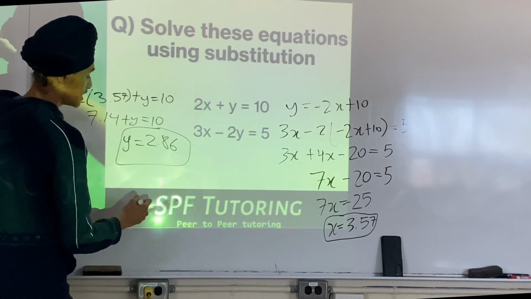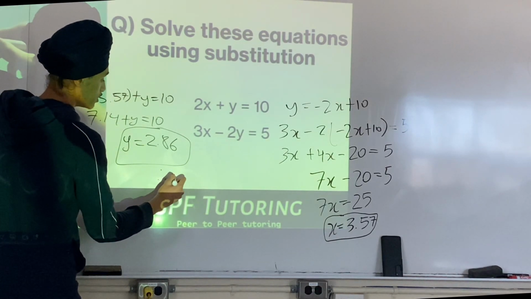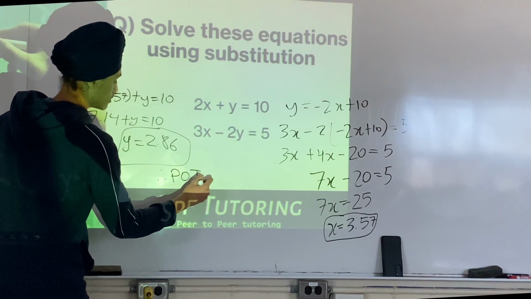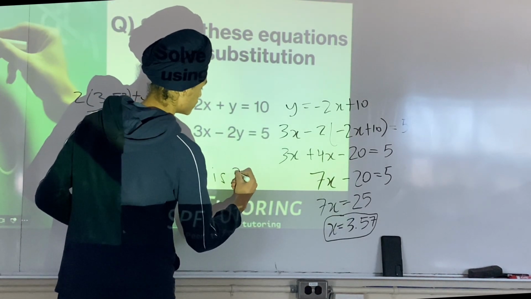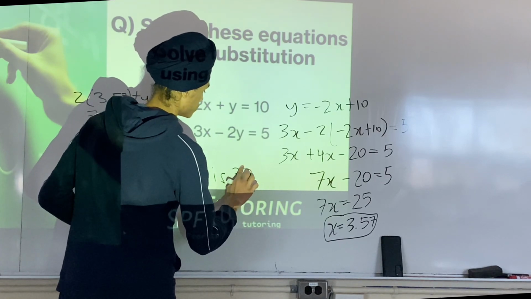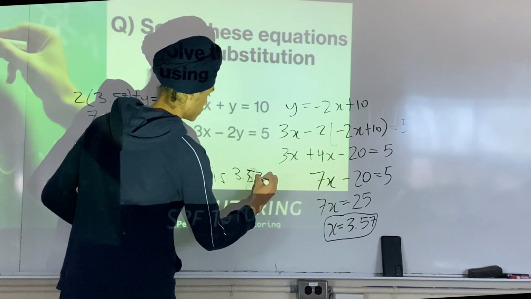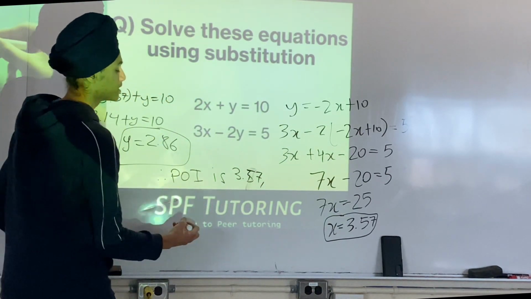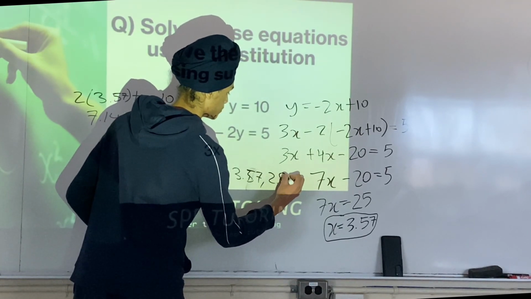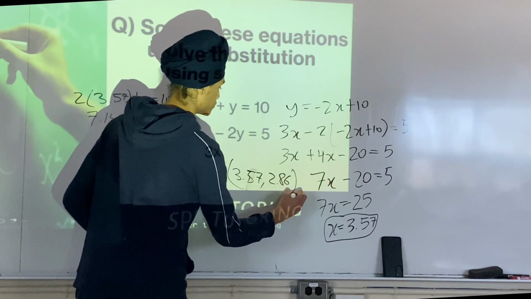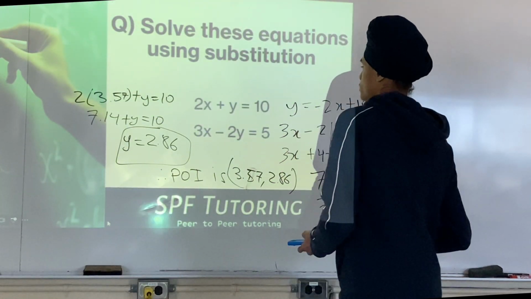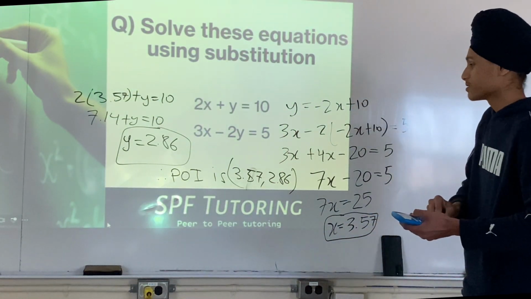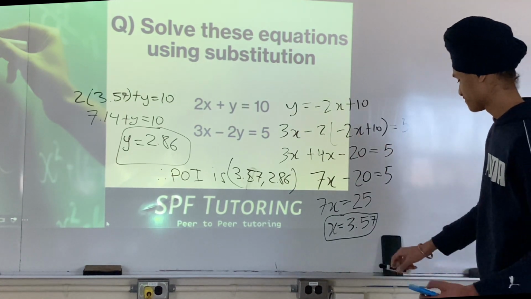So we could write the therefore statement. Therefore, the point of intersection is 3.57 and 2.86. So that's how you find the point of intersection from two given equations using the substitution method.